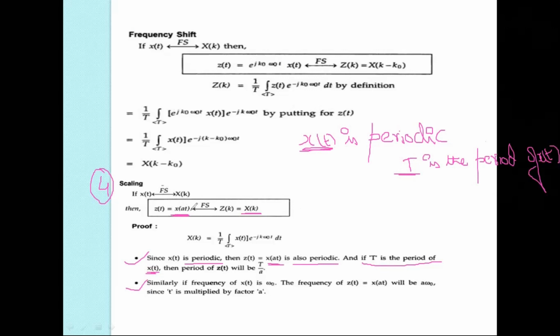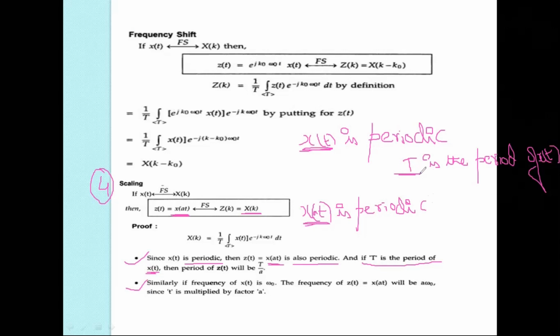Now we are taking x of at. x of at is also periodic, if x of t is periodic and scaled with a.